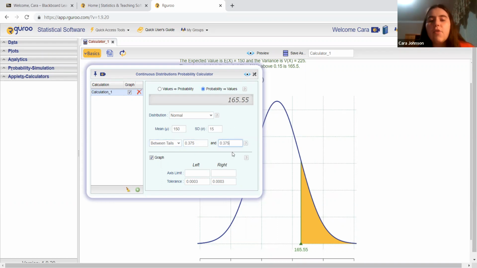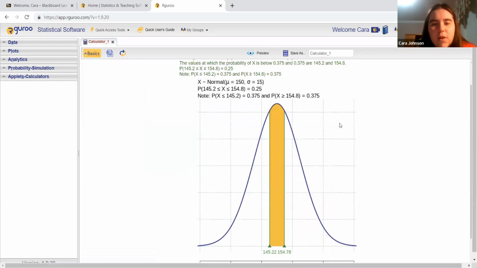And I also have diagrams for these middle whatever percentage questions in the class notes that will also help you to visualize what I'm talking about when I say the rest of the probability is split between the two edges. Hit the eyeball. So we're going to get between 145.2 and 154.8 pounds. You can clearly see that corresponds to a probability of 25%. You can see the middle 25% here.